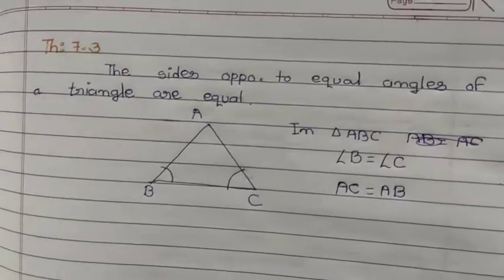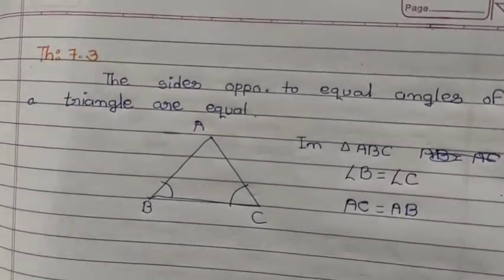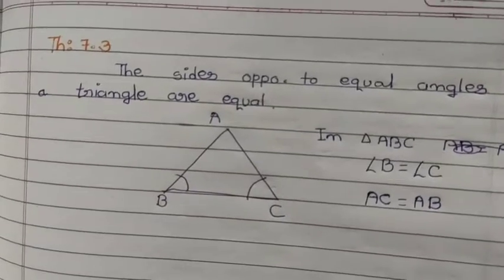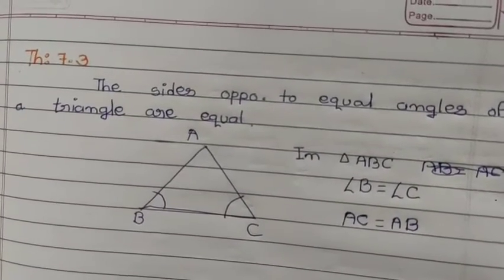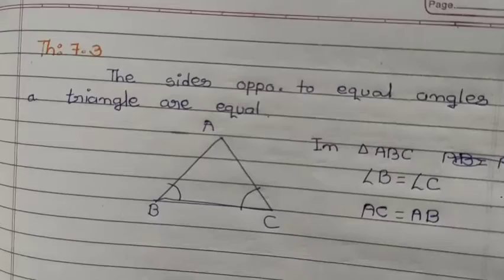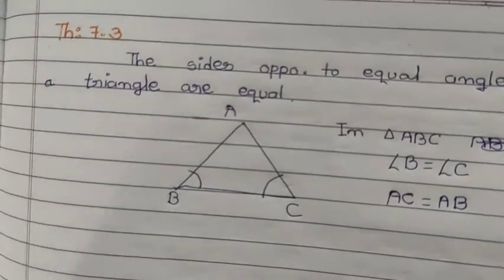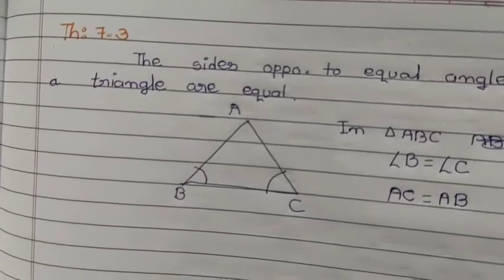That means if two angles are equal in a triangle, then the sides opposite to those angles are also equal, and if sides are equal, then the angles opposite to those sides are also equal.